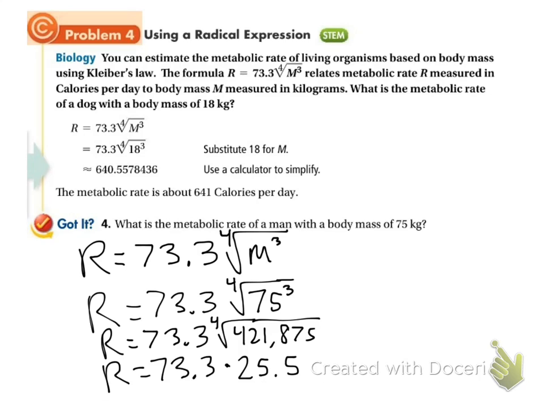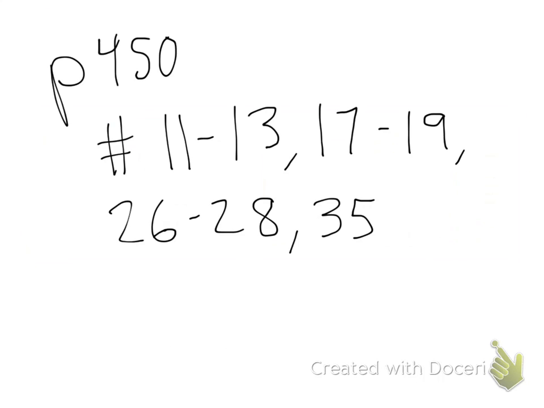And then finally I can do 73.3 times 25.5, and that gives me about 1,869, we'll round it to. And that's calories per day was what that equation was talking about. And there's your homework.